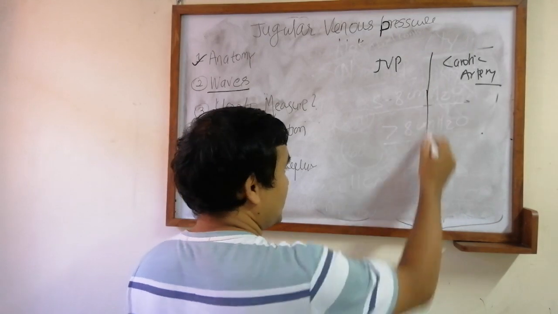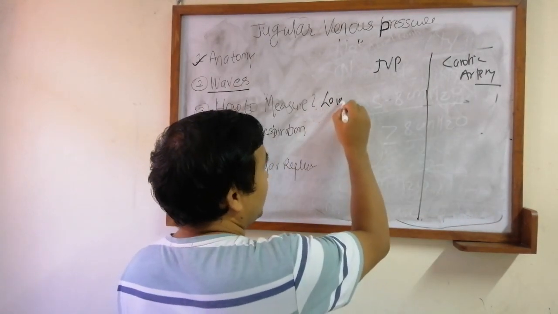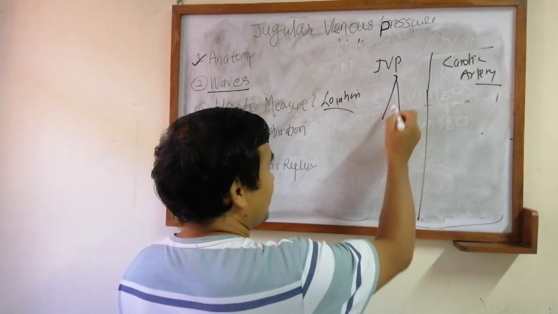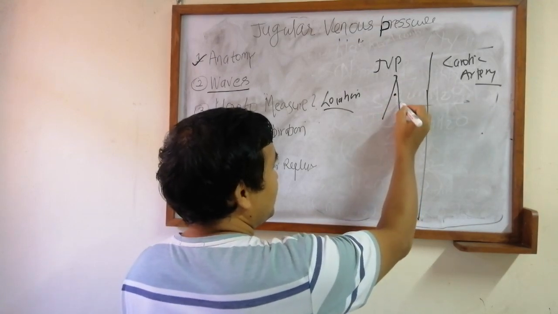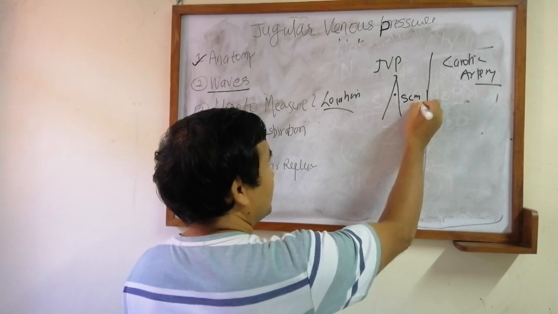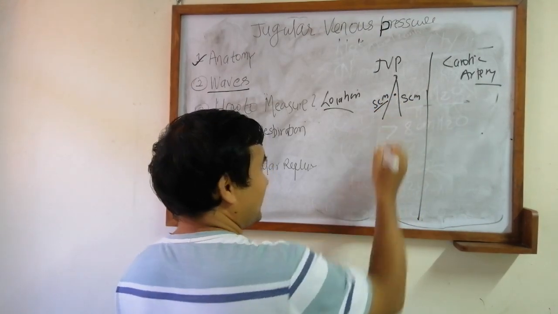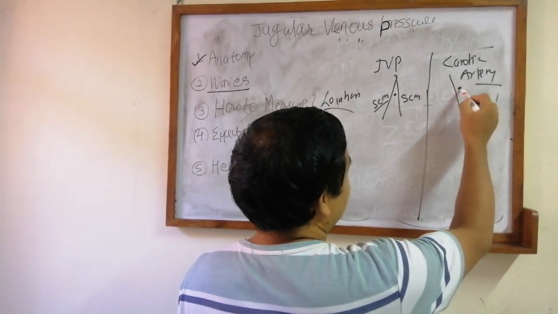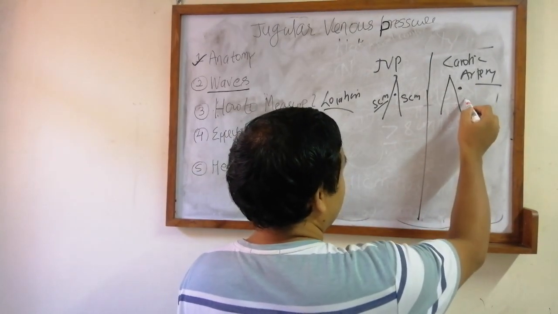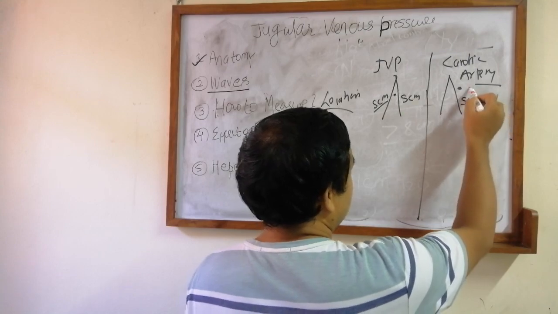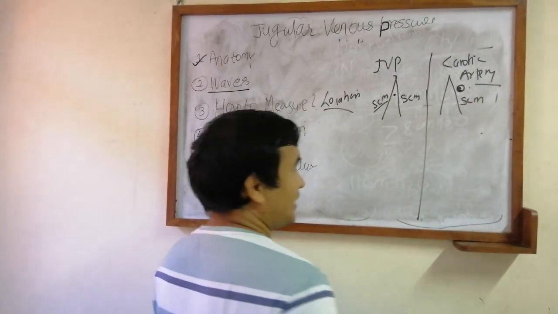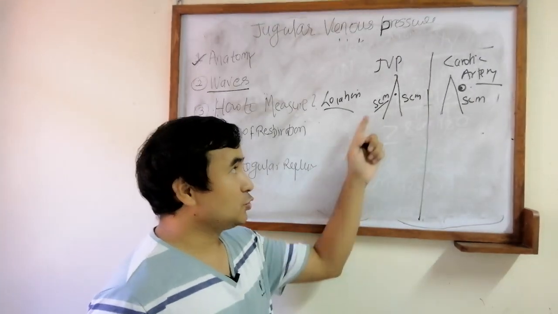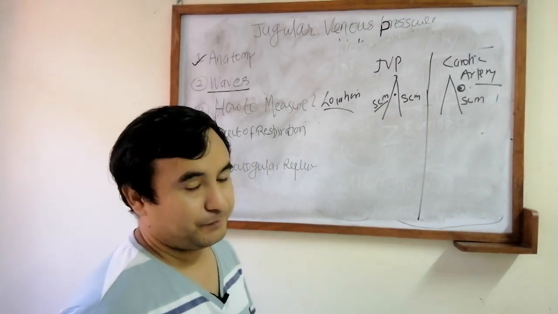Location wise, in between the two heads of the sternocleidomastoid muscle, the sternal head and the clavicular head, you will see the JVP. Whereas the carotid, we will get on the medial side of the sternal head of the sternocleidomastoid muscle. You will get the carotid artery pulsation over here. So JVP pulsation is between the two heads of the sternocleidomastoid muscle.